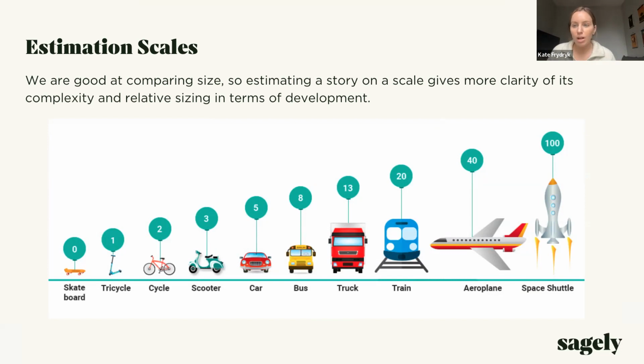And we don't necessarily want to go up by equal increments, because there are certain things that you need to think about when jumping from a 5 to an 8 that makes something turn from a car into a bus. So by doing this on some type of scale that's not pushing up point by point or in equal increments, it helps us make decisions faster and think in terms of relative sizing.